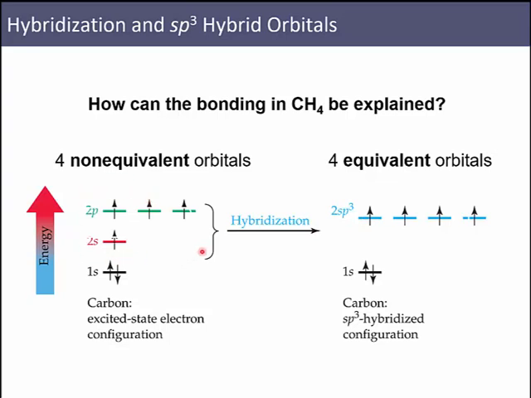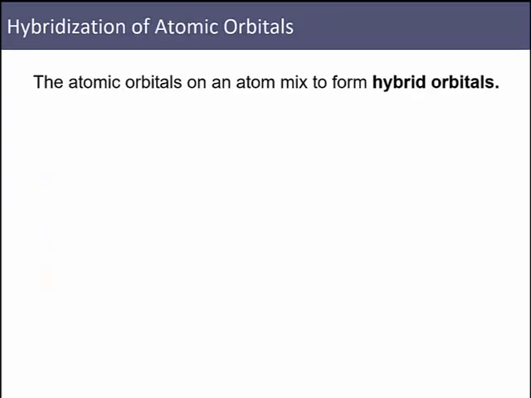So we're going to take 3 p's and 1 s, and combine them to make 4 new orbitals, and we will call them sp3 orbitals. So I've got an sp3 orbital, an sp3 orbital, sp3 orbital, and an sp3 orbital. The number of hybrid orbitals that you make is going to be equal to the number of regular old atomic orbitals that you start with. And we'll talk about the naming in just a second.